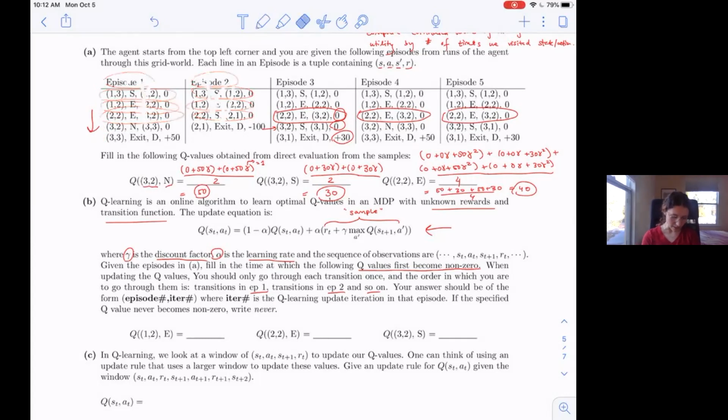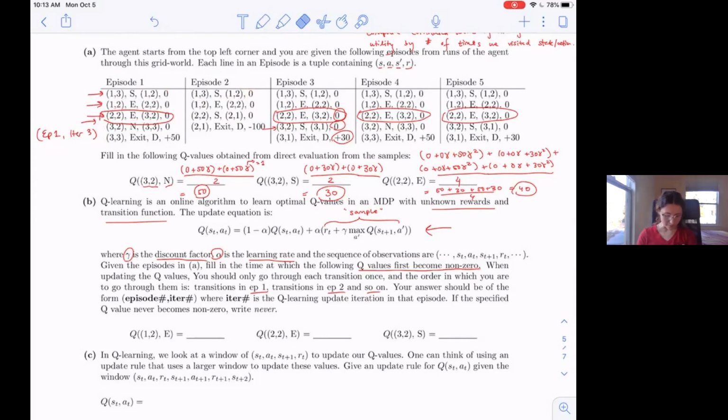What that means is that if we discovered that this sample helped to make one of these Q functions non-zero, then this would be episode 1 and iteration 3, because it took us 1 iteration, 2 iterations, 3 iterations of Q-learning in episode 1 to actually make a non-zero entry.